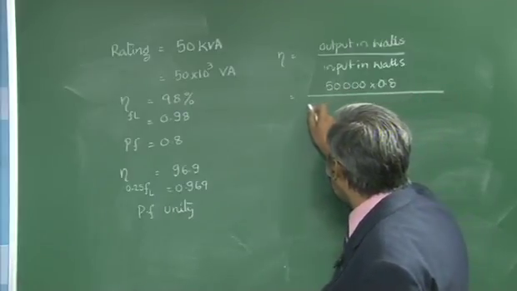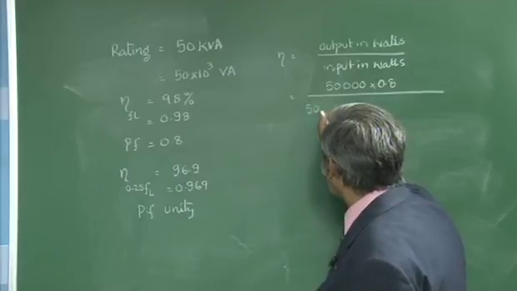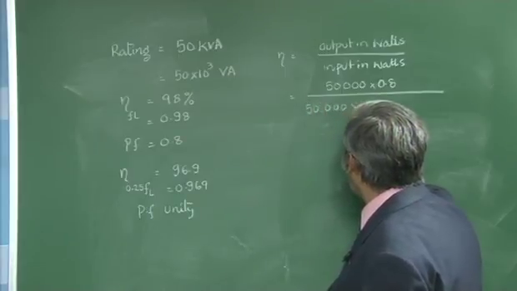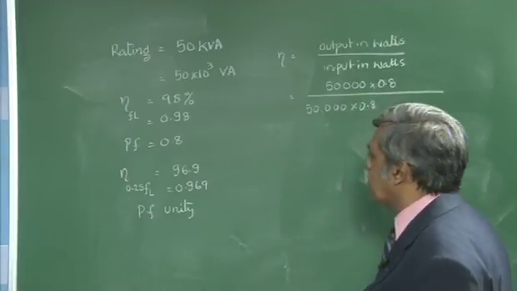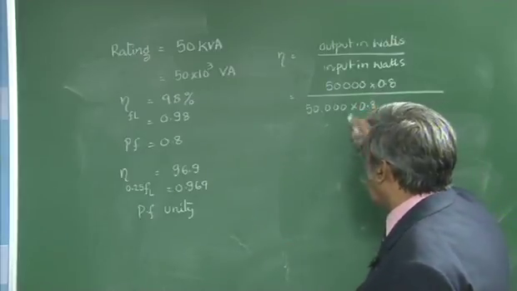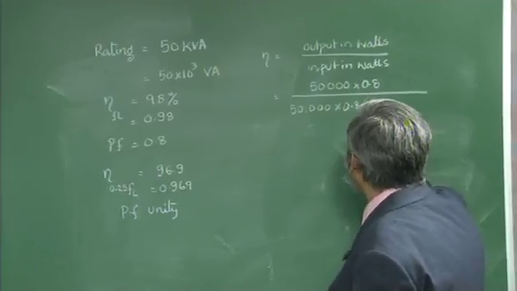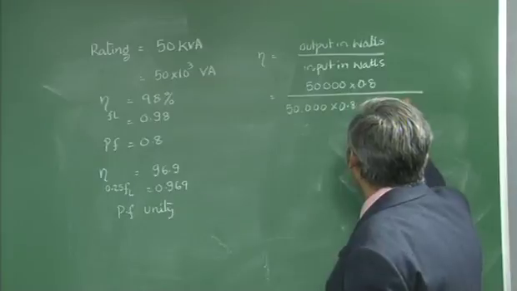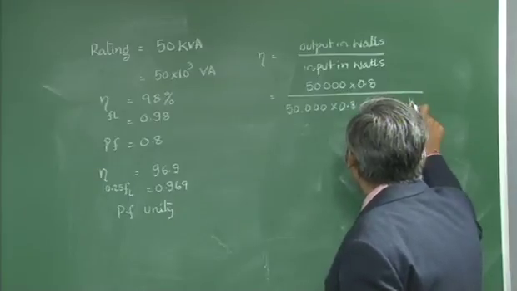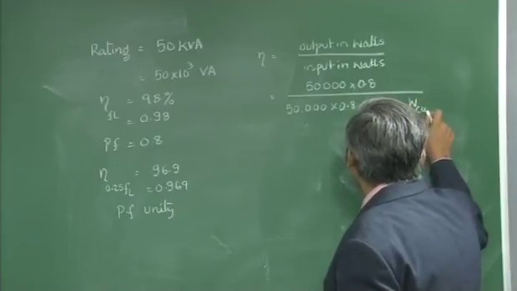I have here 50,000 multiplied by 0.8, this is the output power of the transformer, plus the iron losses, which I represent as Wi, and the copper losses, which I represent as WCU.